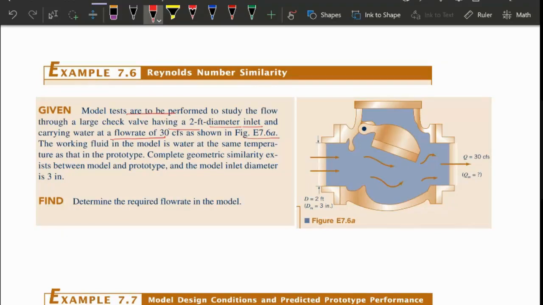The working fluid in the model is water at the same temperature as in the prototype. Complete geometric similarity exists between model and the prototype, and the model inlet diameter is 3 inch. So the model inlet diameter is fixed and given, that is 3 inch. You have to determine the required flow rate in the model.